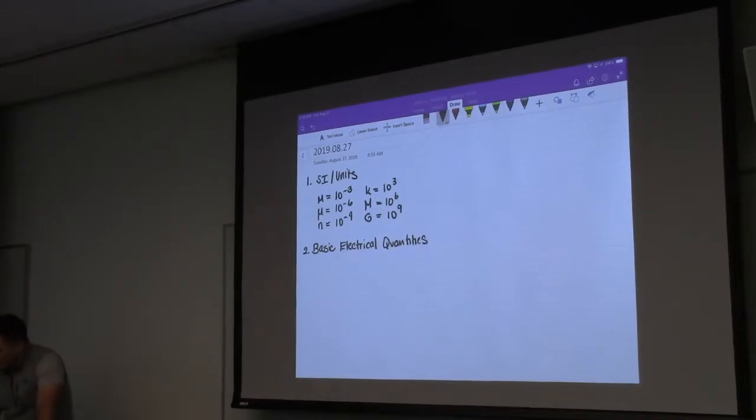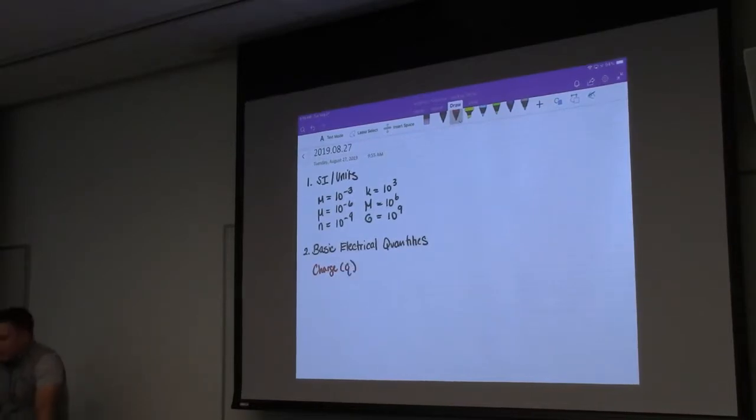Okay, the one main one is going to be charge. So charge describes the effect of an electromagnetic field on a component.